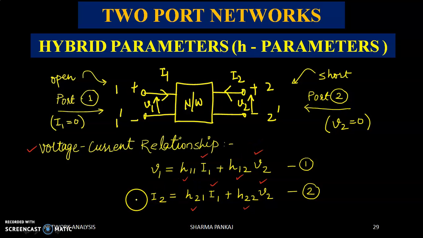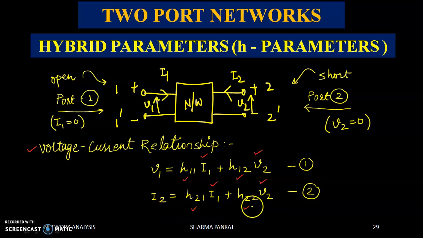Likewise, in equation number 2, the output is current I2. So this H21 I1 is your current dependent current source. This can be treated as a current dependent current source.